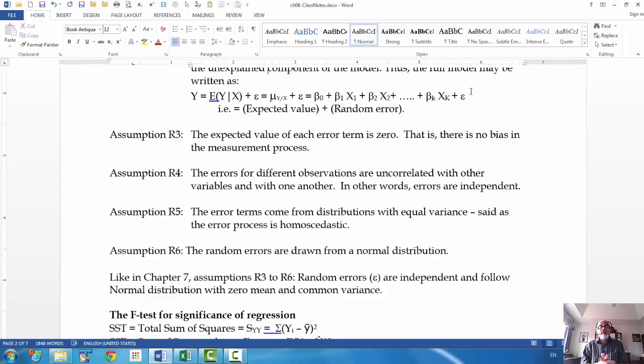Since these are time related, what happened in one time period usually has an impact in the next time period. So you cannot say the error in one time period is completely independent of the error in the previous time period. There will be some relationship. But for now, let's assume that the error terms are independent. We will look at how to test this and how to mitigate it later in this chapter.